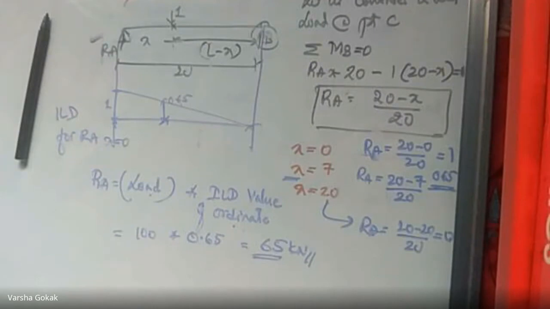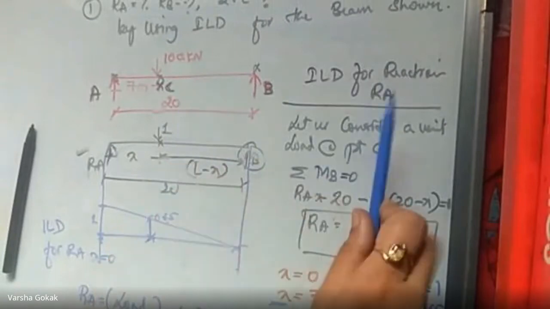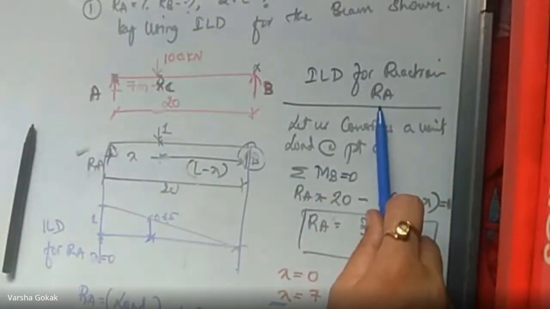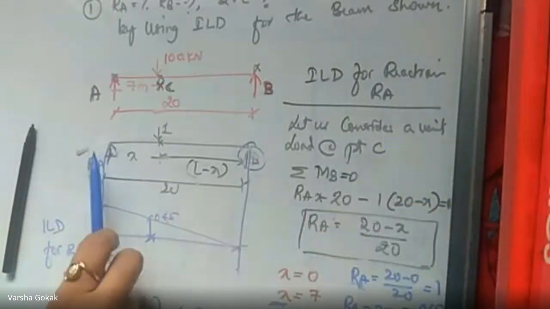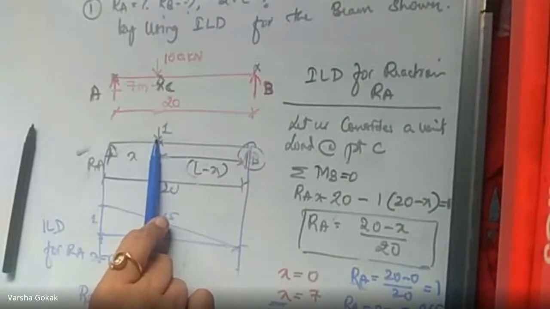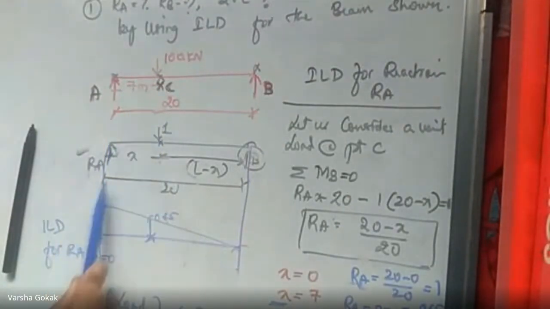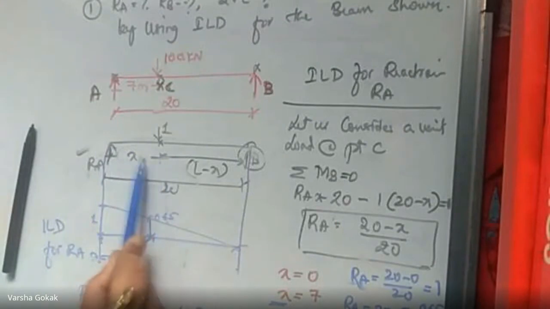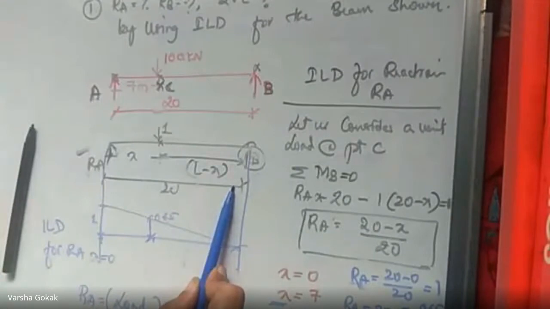You want me to explain once again? I'll do once again. The beam is given to you. We want to find the ILD for reaction RA. We have to draw the influence line diagram for reaction RA. So what we will do, we'll consider the same beam and instead of 100 kilonewton, I will put one unit load, 1 Newton. And instead of placing it at 7, I will place it at a distance X. So remaining distance would be L minus X. The total span is 20 here now.